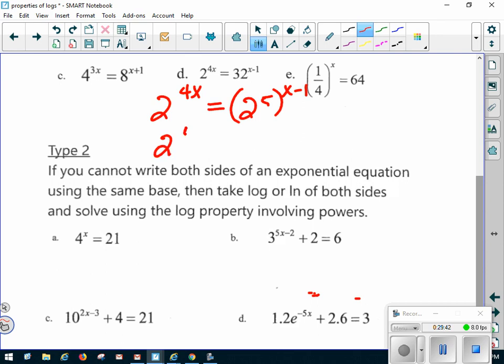So that's 2 to the 4x equals 2 to the what? 5x minus 5. Good. Can you do that in your head? X equals what? 5? Yep.